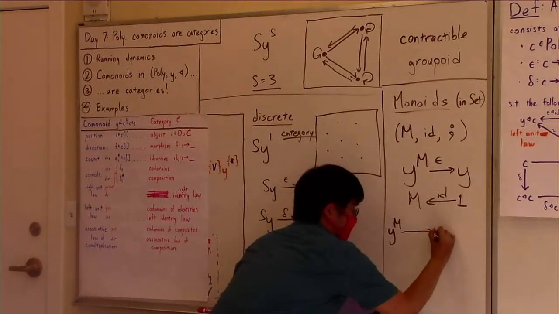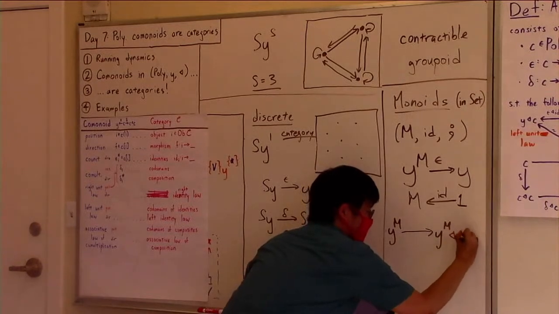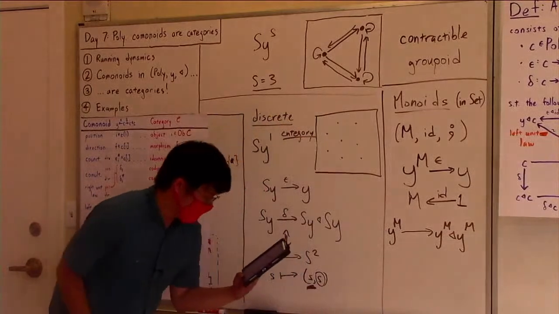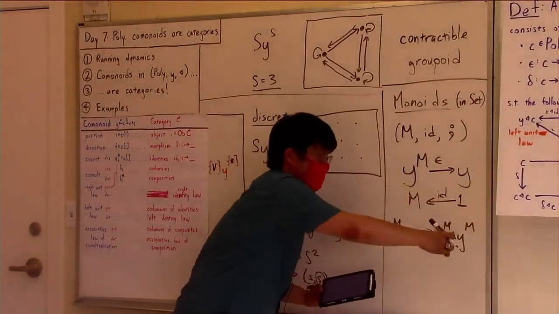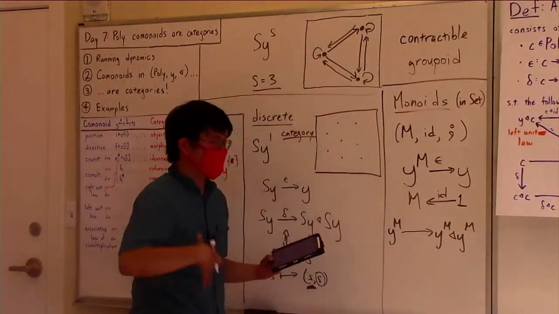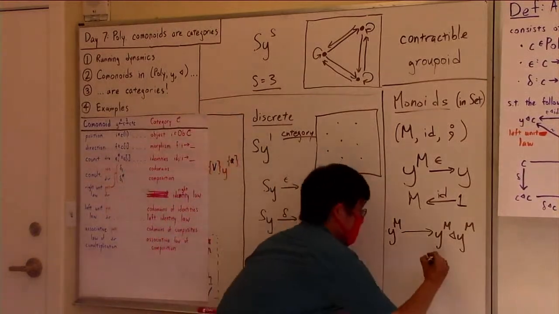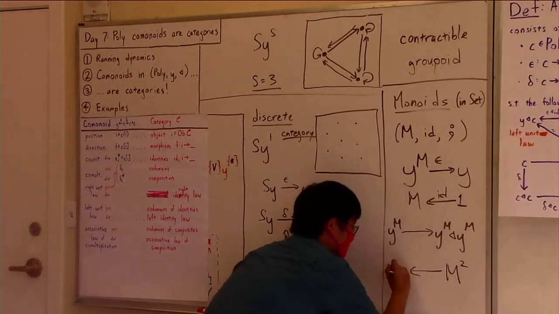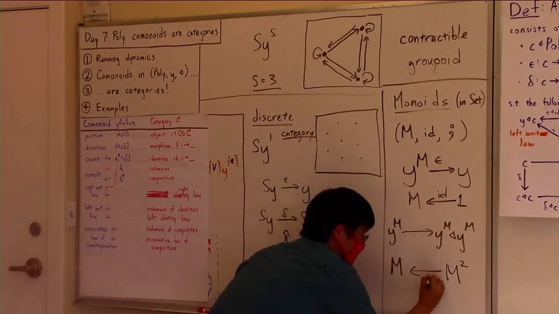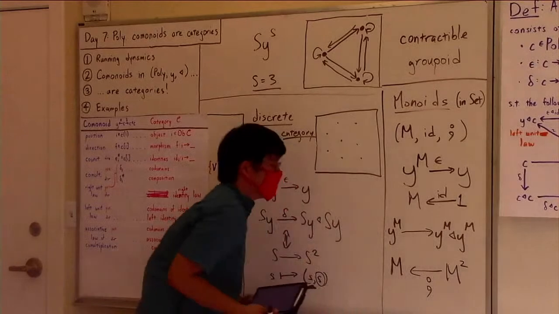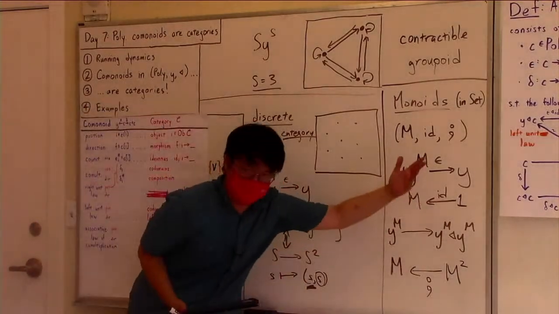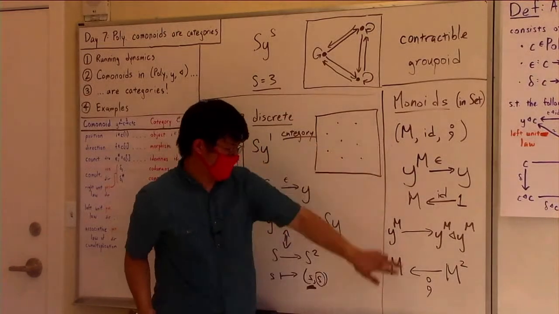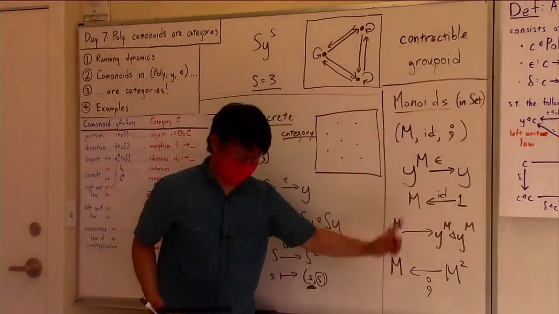Meanwhile, the co-multiplication is from Y to the M to Y to the M composed Y to the M. But that's just Y to the M squared. And so this is just a map from M squared to M. We don't really worry about codomains here because there's only one object. So this is composition, the monoid's product.